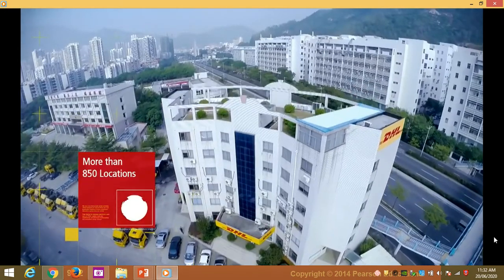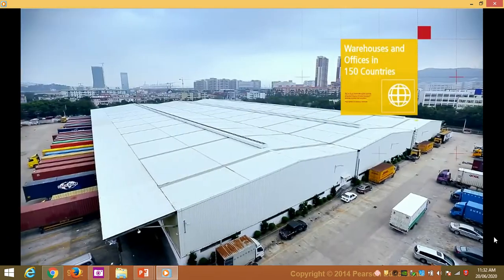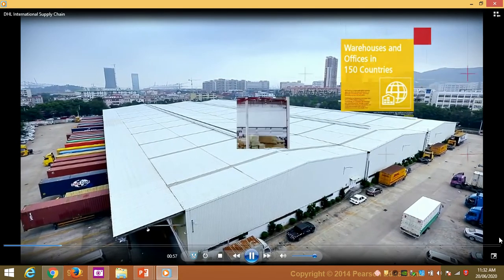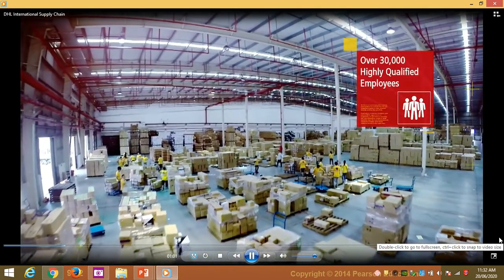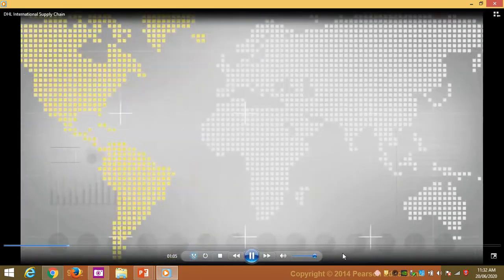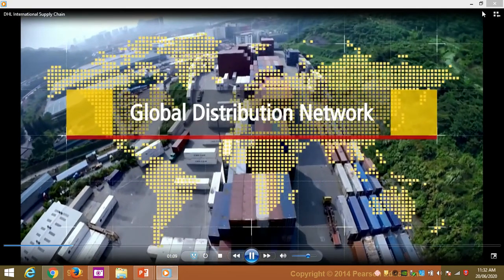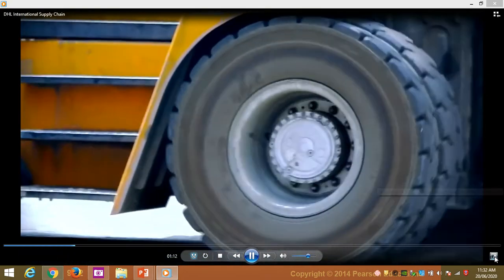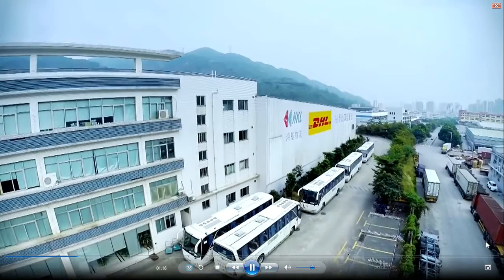We have a strong worldwide presence with more than 850 locations, including warehouses and offices in 150 countries. We have over 30,000 highly qualified employees across the world and are well positioned to meet the needs of our customers. With a global distribution network, DHL is a market leader and a key business partner to our customers that offers global connectivity across borders and regions.